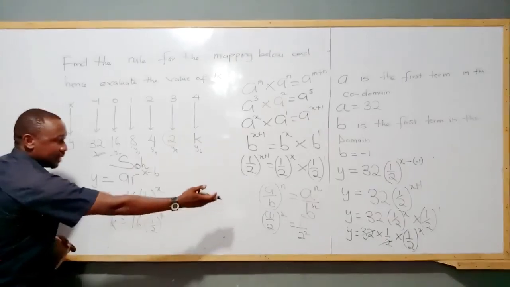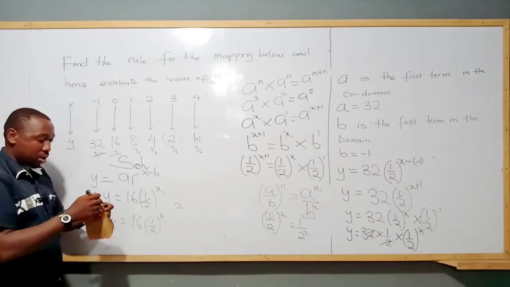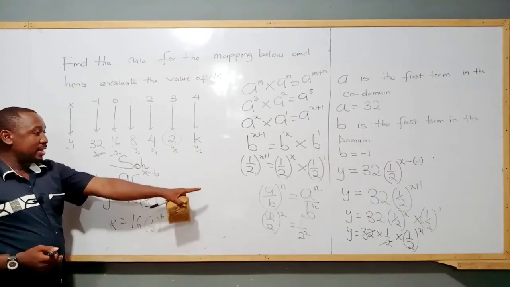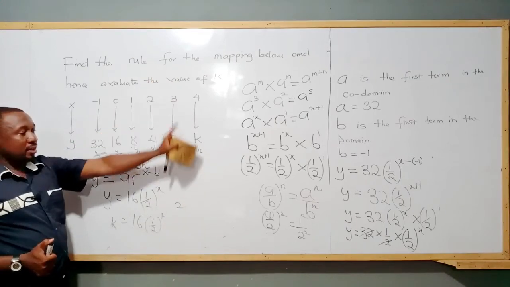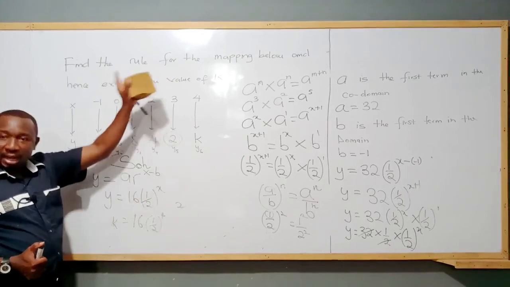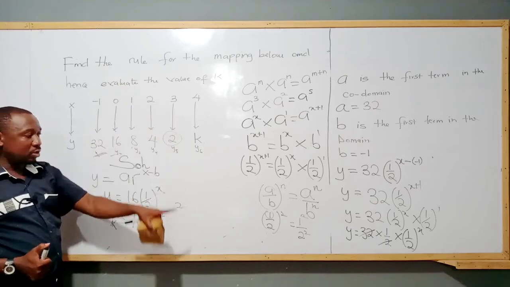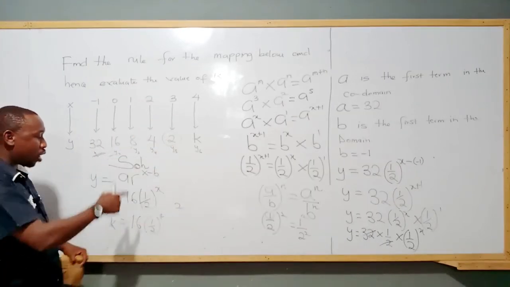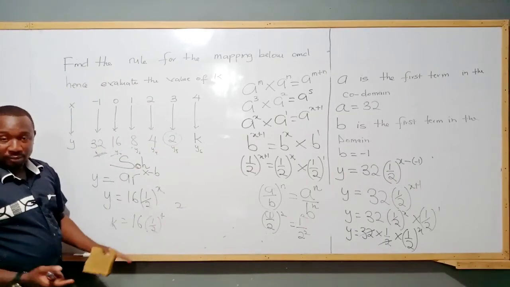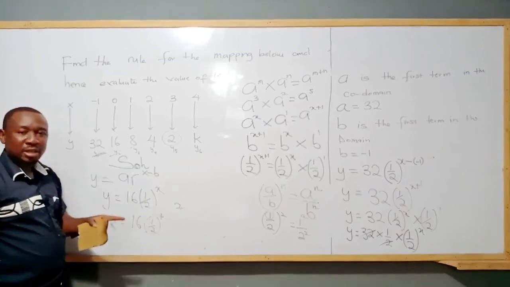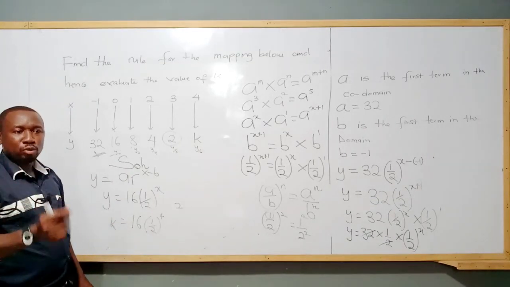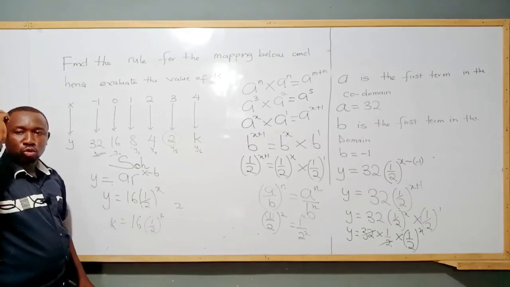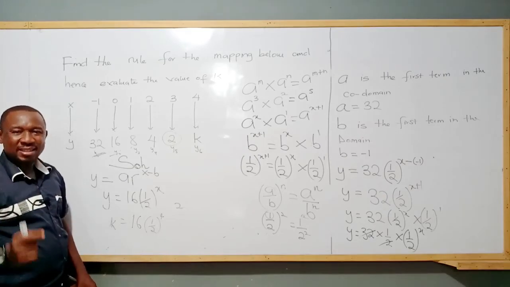Like we stated here, the explanation has already been given. That in indices, a over b all to the power n, the numerator will take the power and then the denominator will also take the power. So the 1 to the power 4 is 1. And then 2 to the power 4 means you are multiplying 2 by itself 4 times. 2 times 2, 4. 4 times 2, 8. 8 times 2, 16.